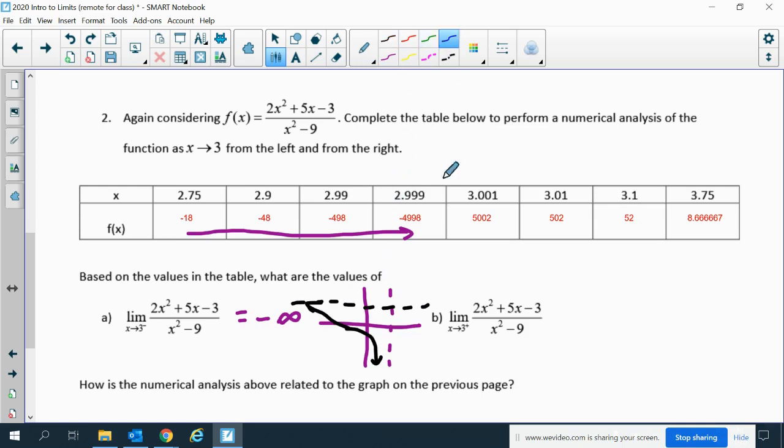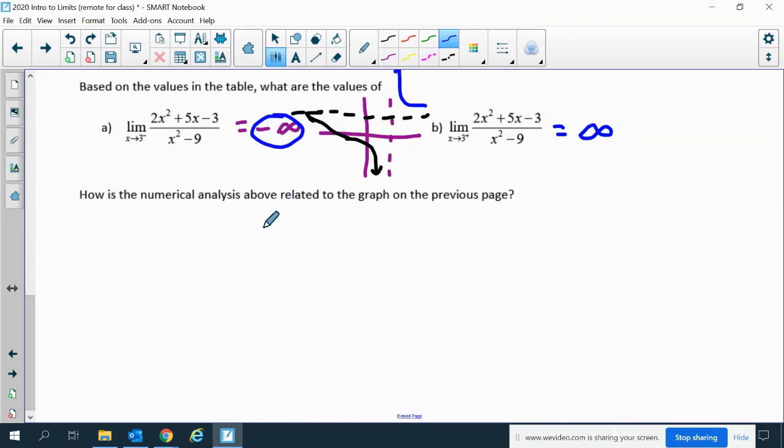Terrible graphing, sorry. As we approach 3 from the right, our graph approaches positive infinity. So it looks something like this. So what are the values of these things? -infinity and positive infinity.